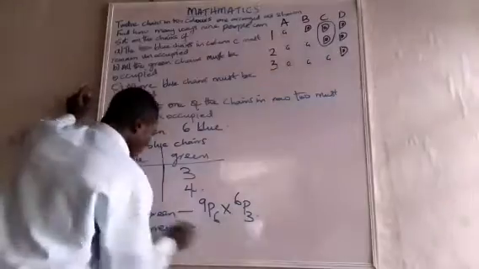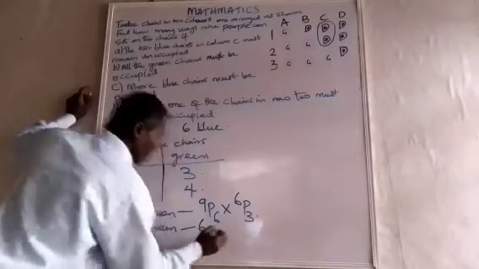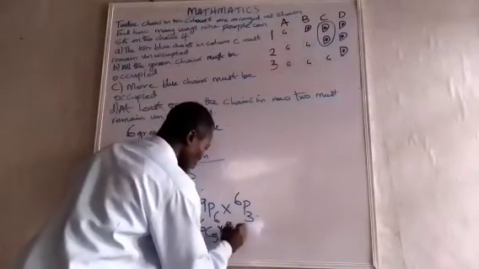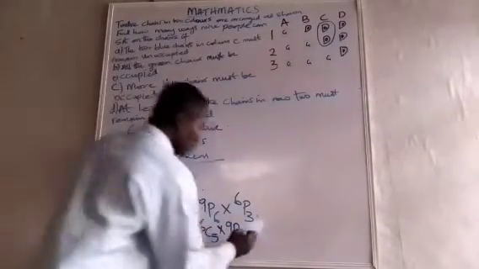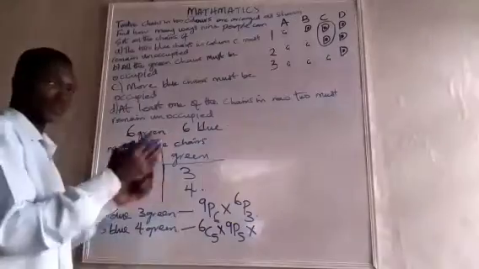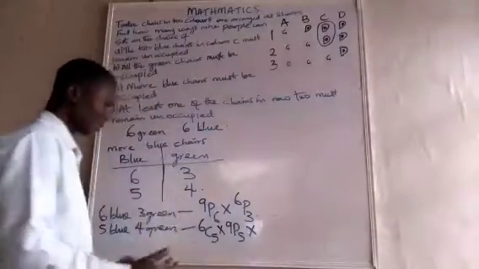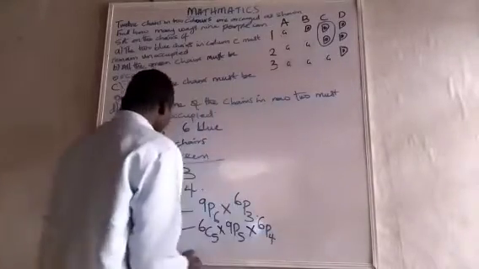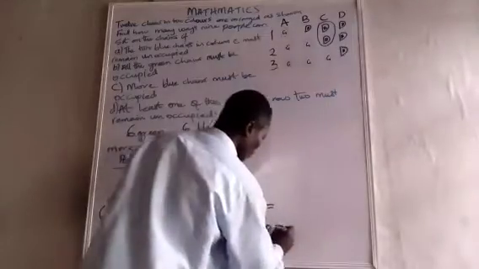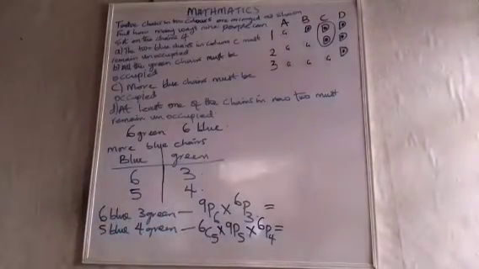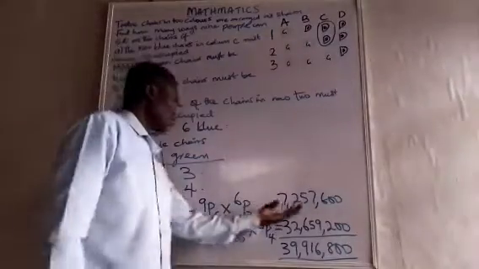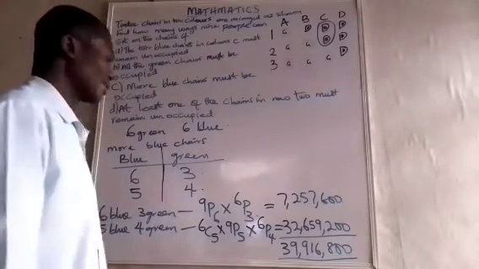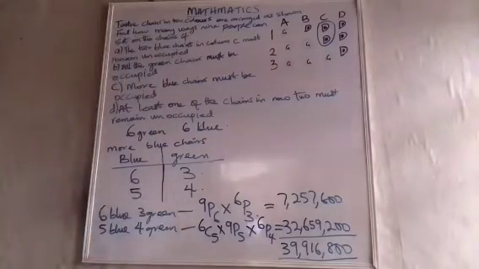That is 6C5. Now, how do we fill this 5? We fill it by 9P5. We now have 4 remaining. These 4 will be arranged in the 6 green chairs. And how do we find that? It's going to be 6P4. Now, let's look at what the total will be. After solving, this is the total answer: 39,916,800 arrangements. That is for the C part.